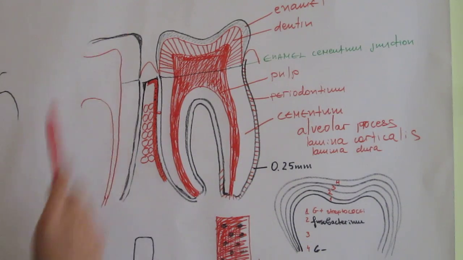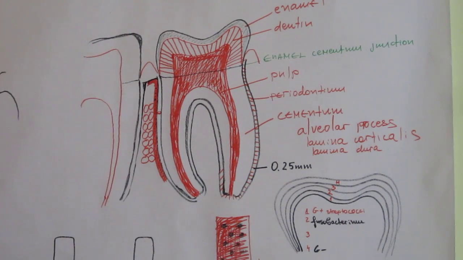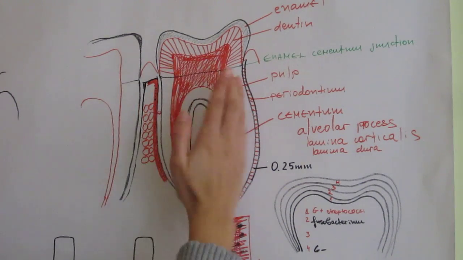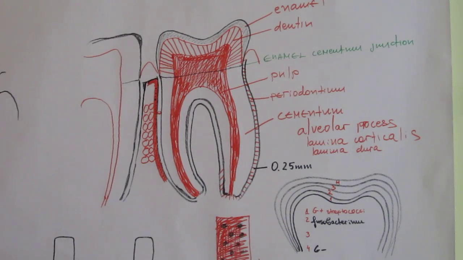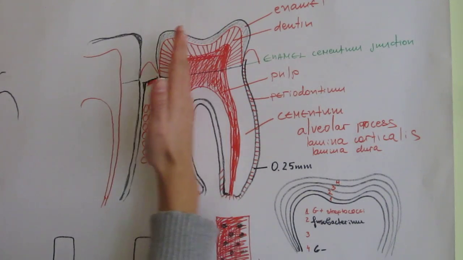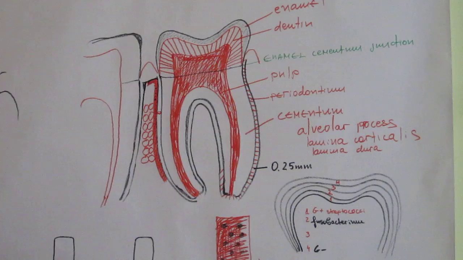When there is a missing tooth, let's say this tooth is missing, it's very likely this tooth goes in an oblique direction or migrates to the side of the missing tooth, and there are some changes in the bone because of this.